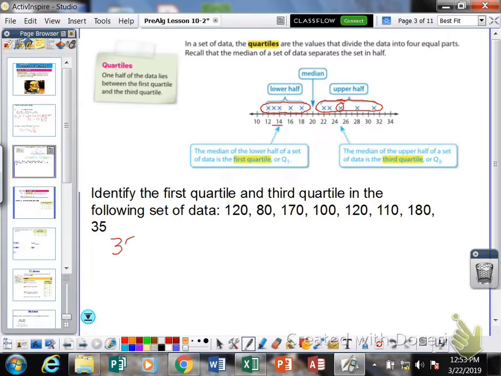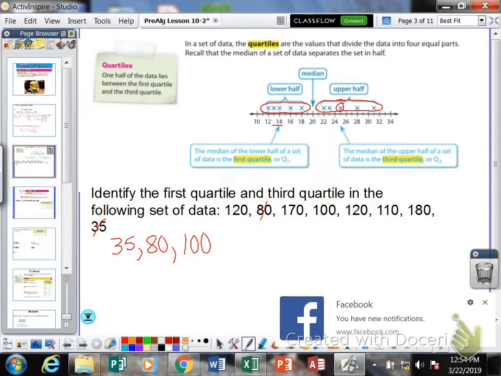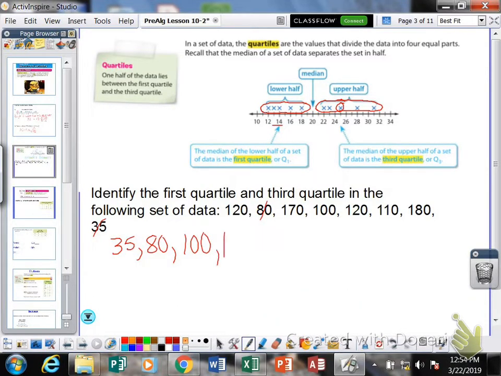So I have 35, and I'm crossing them off as I go through, just so I know what numbers I used: 80, 100, 110, 120, 120. There's 2 of them, so I have to make sure I write both. 170 and 180. Okay, so I cross off all my numbers. I know I used all of them.